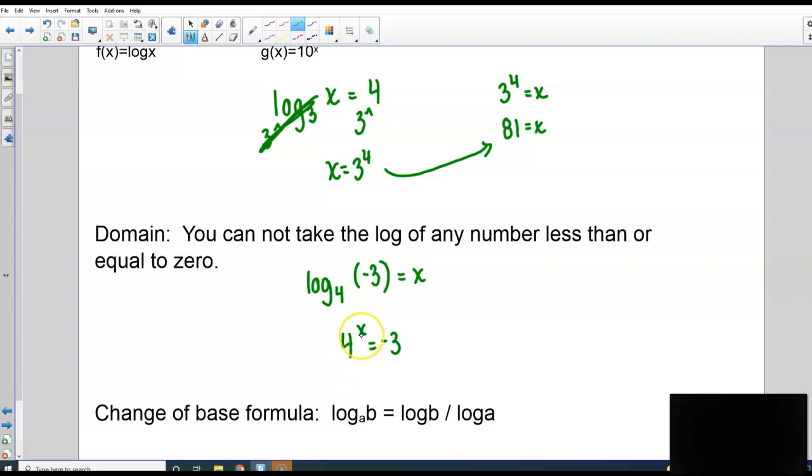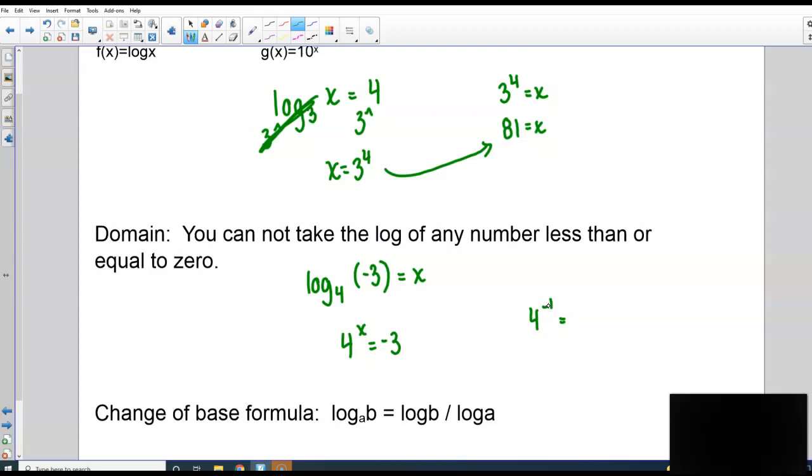So think to yourself, what could you raise 4 to that would make it -3? If you do 4 to the -1, remember, what do we have to do with negative exponents? You're not moving the decimal. You're going to move the decimal if it's like scientific notation.